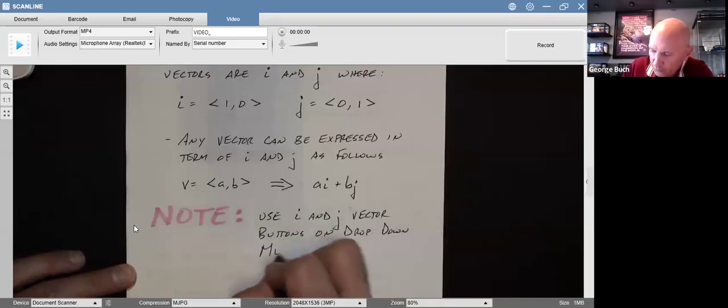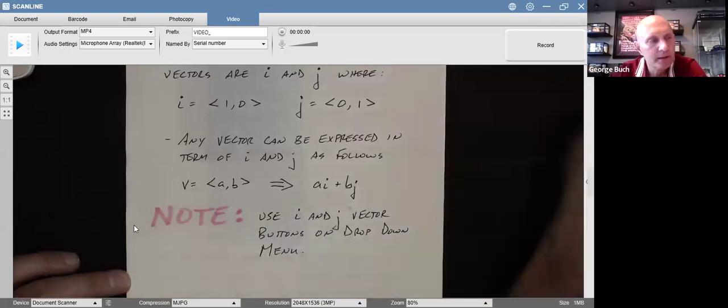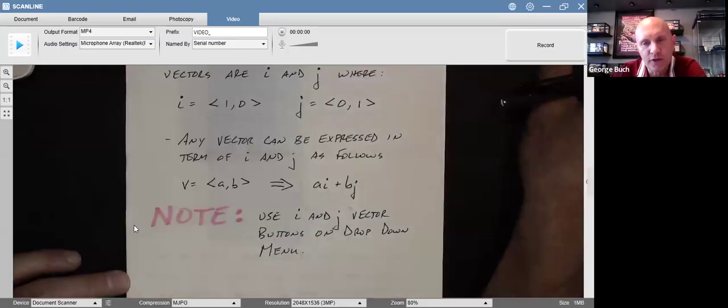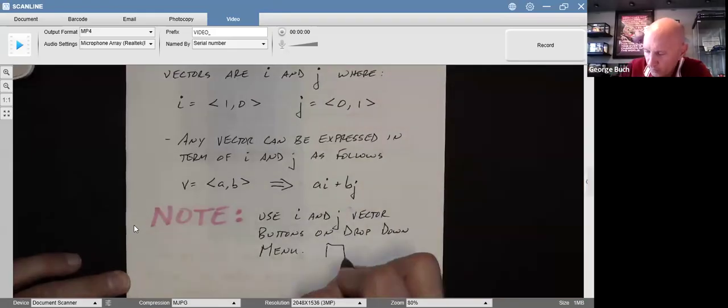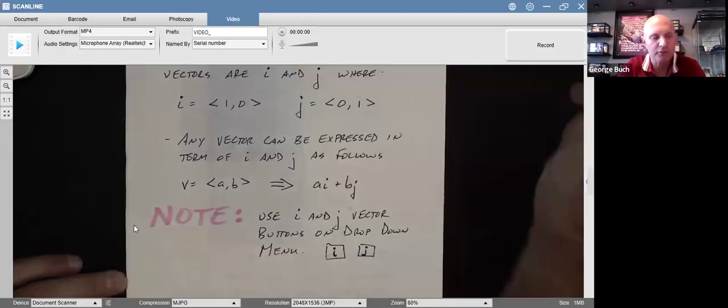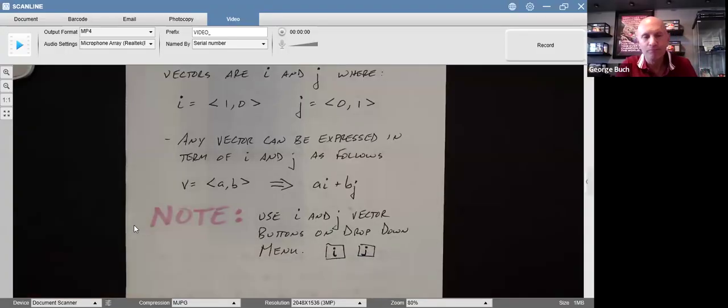Where you find your square roots and pies and thetas, there's a tab that says vectors, and when you open that up, you're going to see one button with a bold letter I and another button with a bold letter J. You have to use those buttons. If you just type I and J off the keyboard, it's not going to understand your answer. So you have to use those buttons when you're notating vectors in terms of I and J.